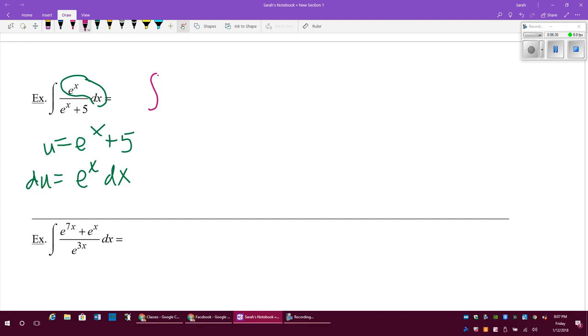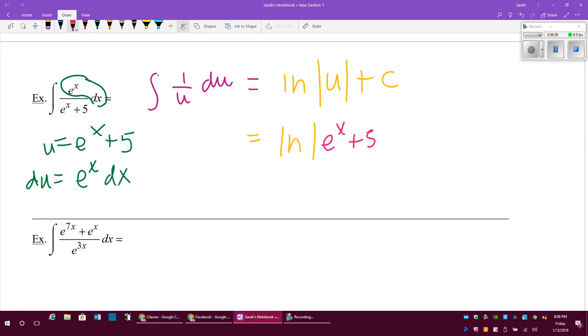So what looked like a really nasty integral becomes straight up 1 over u du. Now let's see if you remember your rules from last time. If I have the antiderivative of 1 over u, that's natural log absolute value of u plus c. So my final answer is natural log absolute value e to the x plus 5 plus c. And it's not so bad.